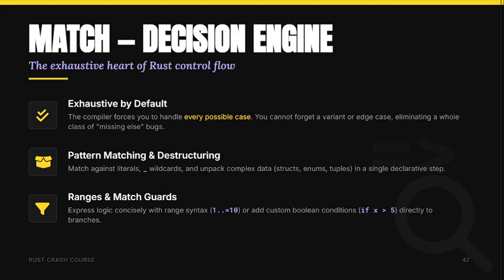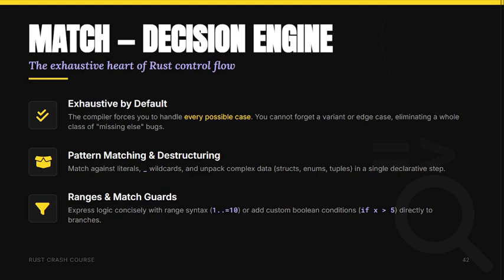Second, pattern matching and destructuring. You can match against literal values, use the underscore wildcard, and unpack complex data, structs, enums, tuples, all in a single step. Third, ranges and match guards.